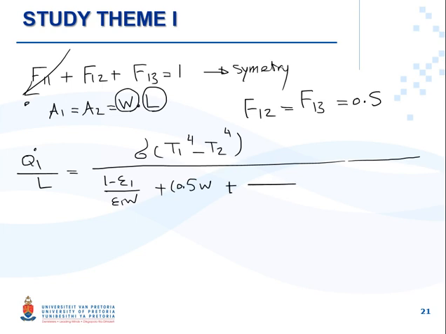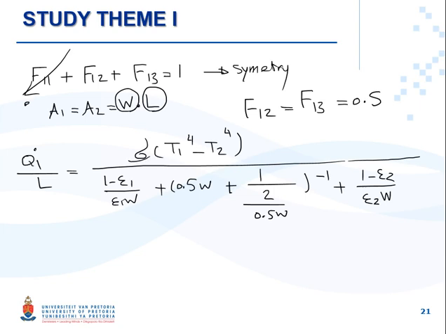Plus 1 divided by 2 times 0.5 W, minus 1, plus 1 minus epsilon 2 over epsilon 2 W.